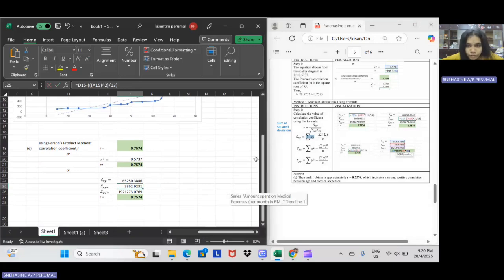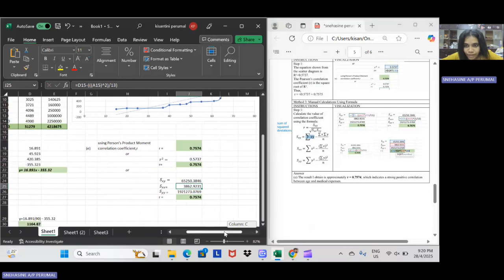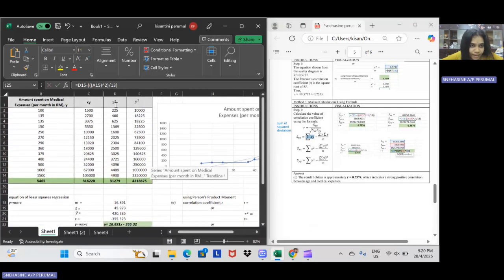After that, you have to find the sum of squared deviation. For the sum of X², you have to pick 31279 minus (sum X)².